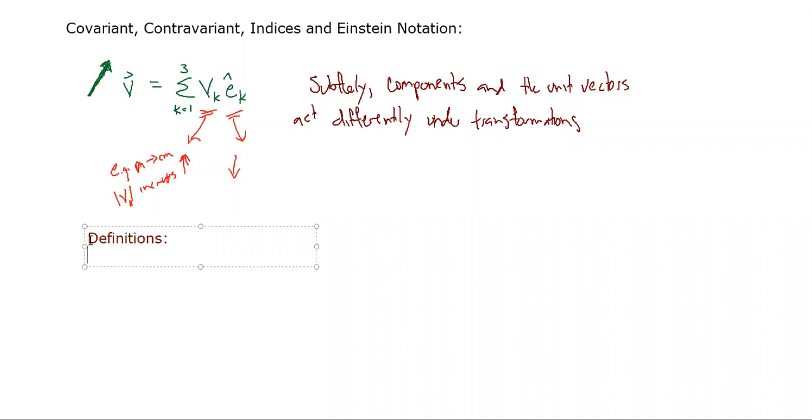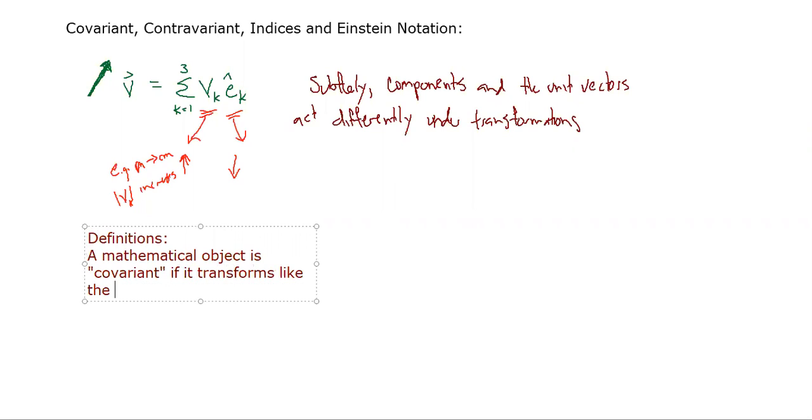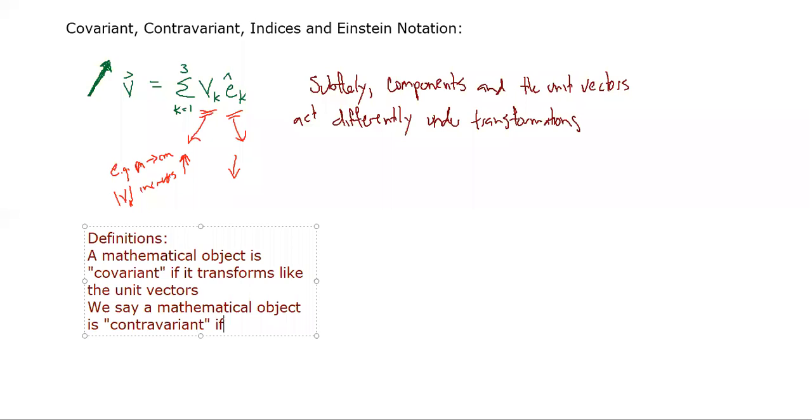So we have two definitions. So we say a mathematical object... and the contra, you can remember like against the unit vectors.